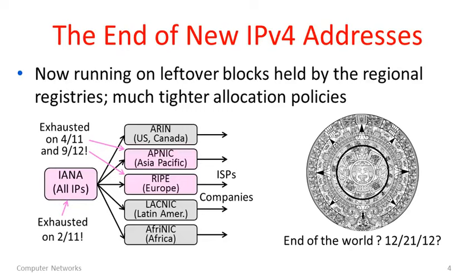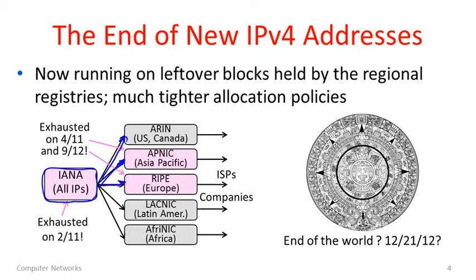This somewhat complicated diagram on the left shows how IP addresses are allocated. IP addresses start with a body called IANA, the Internet Assigned Numbers Authority, I think. And IANA owns all of the IP space. What IANA does is it hands it out, big chunk at a time, to these other bodies which are shown here. These are the arrows going here.